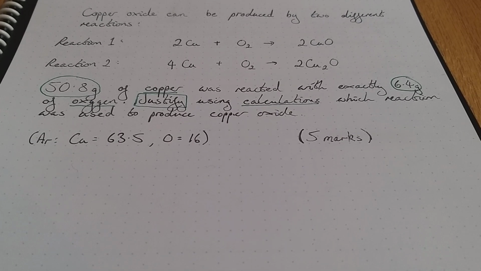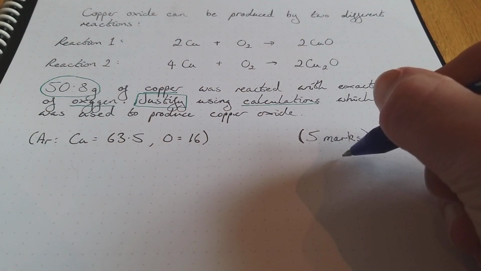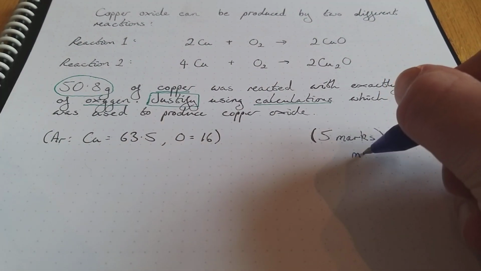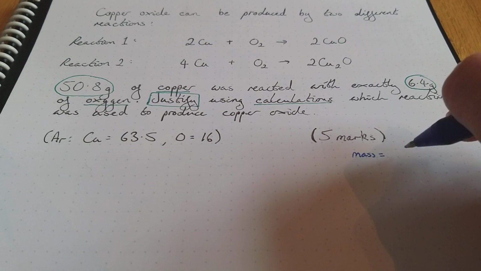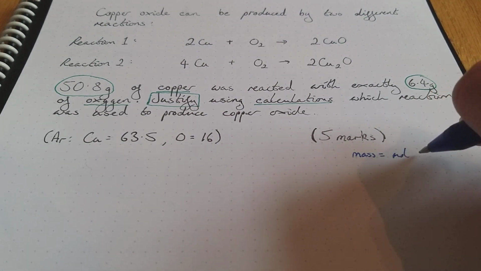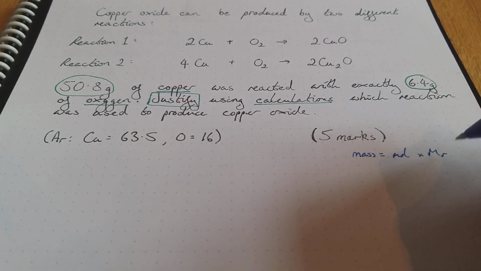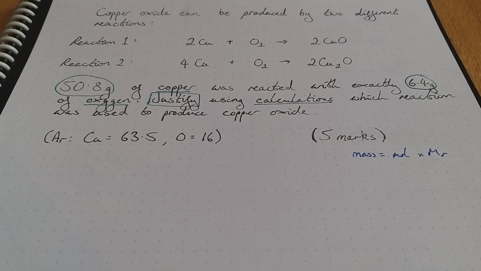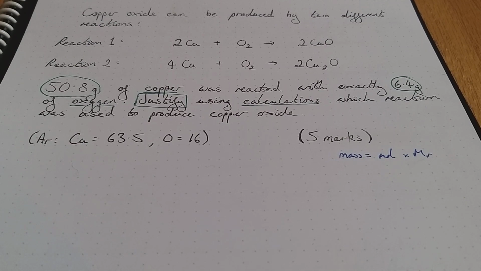So this calculation is quite similar to the limiting reactant calculation that we looked at in the last video. And we will need to use our mass equals moles times Mr calculation in order to solve this. And we will need to look at the molar ratio and work out which is the correct reaction.